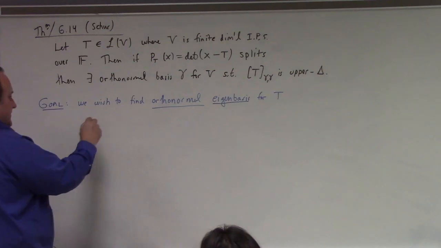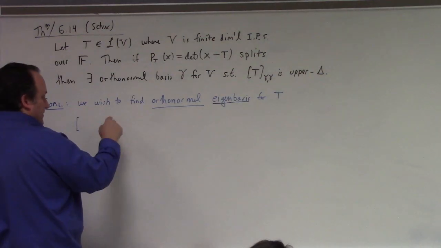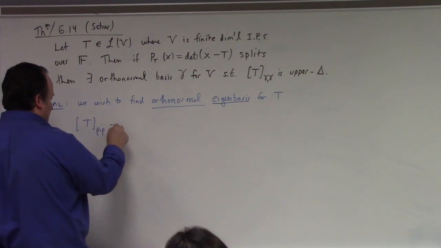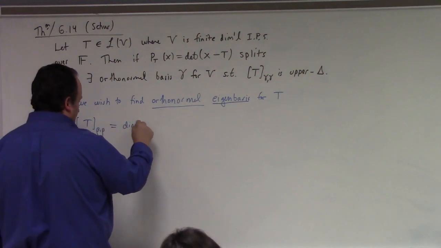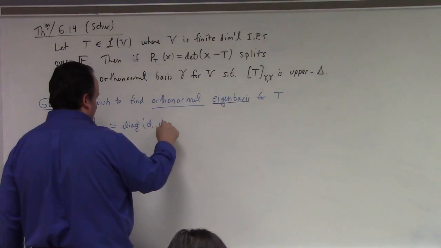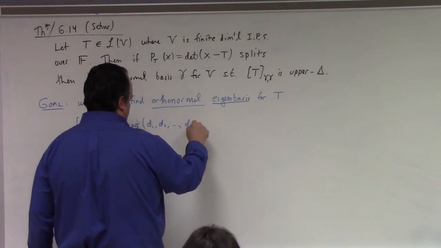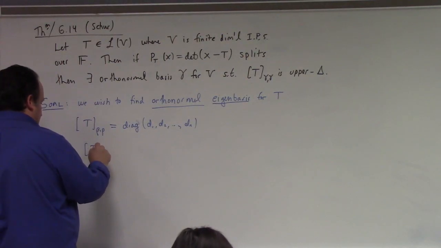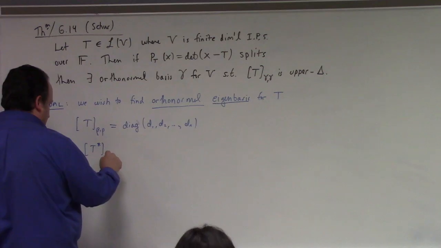But if this is the case, and if beta is that eigenbasis, then the matrix of T with respect to beta looks like what? Well, it's a diagonal matrix, right? And so what's the matrix of the adjoint of T in this context with respect to the beta basis?